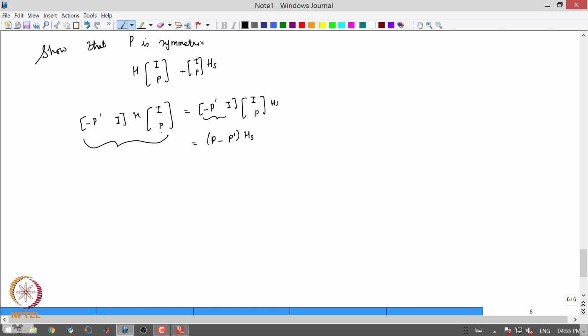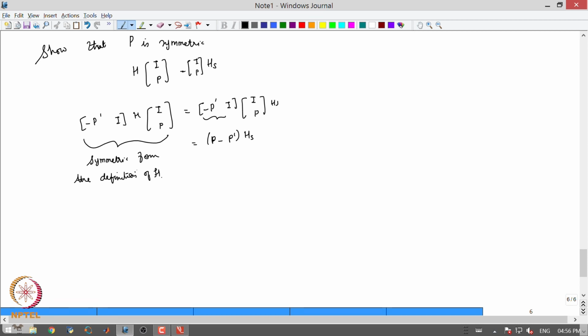Okay, so this can be shown to be symmetric from the definition of H. I'll leave that for you to prove. Very straightforward process.